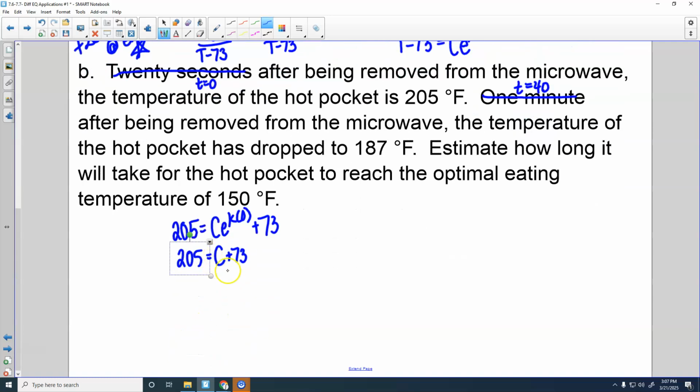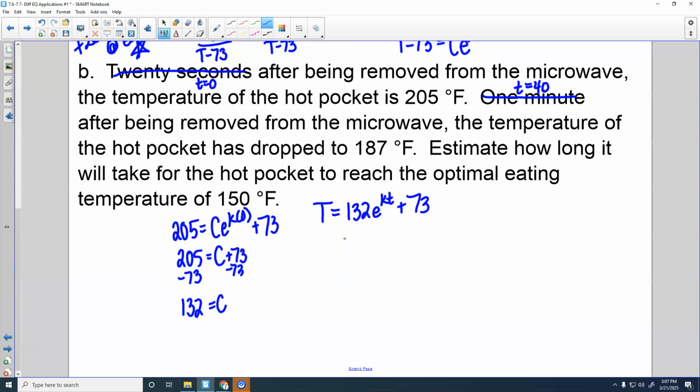And then we'd subtract that 73 to get 132. I'm sorry, 172, right? No, 132 was right. 132, right there. So now we've got T equals 132 e to the kt plus 73.